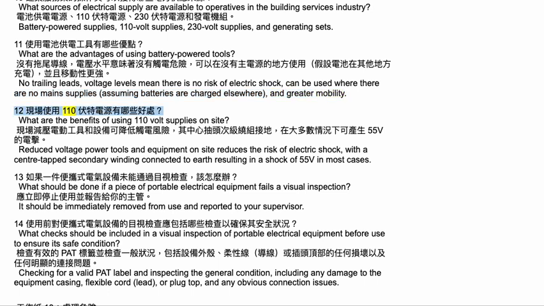What are the benefits of using 110 volt supplies on site? Reduced voltage power tools and equipment on site reduces the risk of electric shock, with a center tap secondary winding connected to earth resulting in a shock of 55V in most cases.